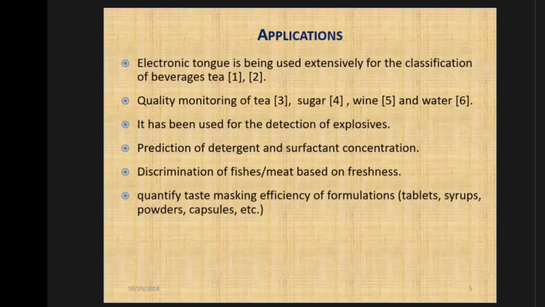The first electronic tongue was presented in the year 2000, but it was a different type of electronic tongue. The voltammetric electronic tongue, on which I am working, was presented around 2003, and since then it has been in very wide use.